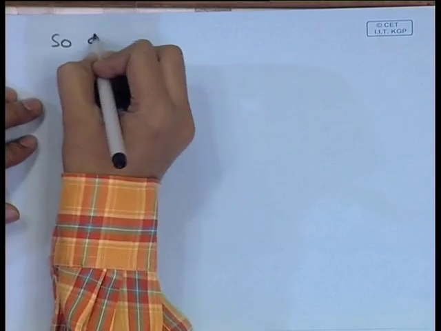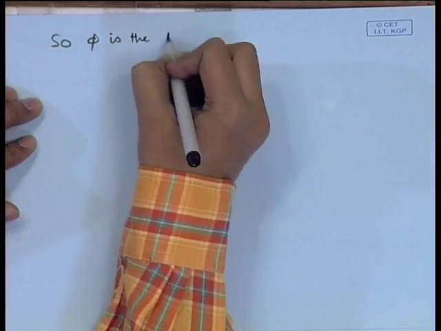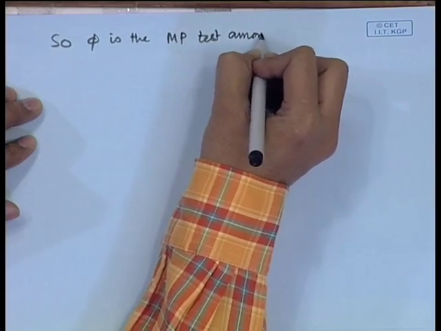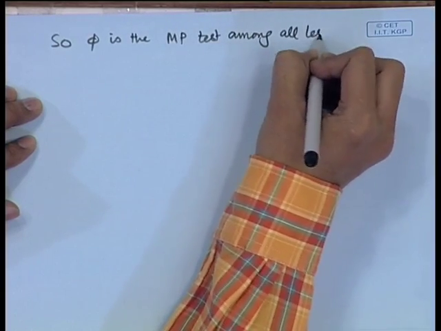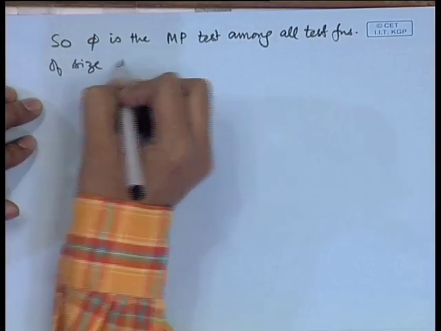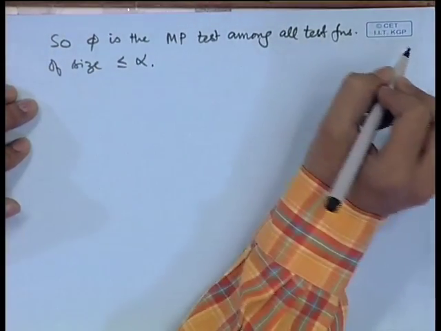That means, among all the test functions which have size less than or equal to alpha, the power of phi is the maximum. That means, phi is the most powerful test among all test functions of size less than or equal to alpha.